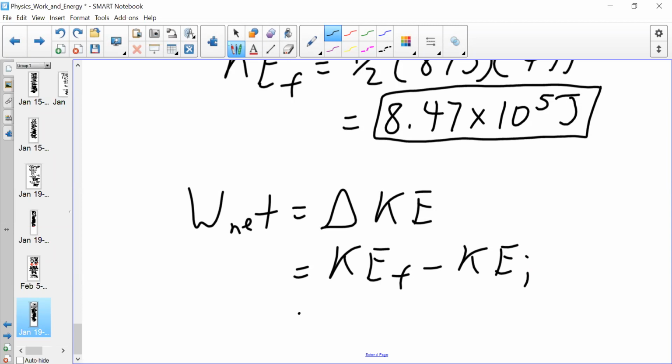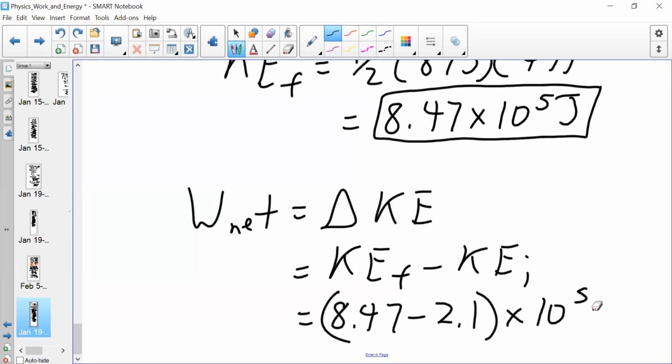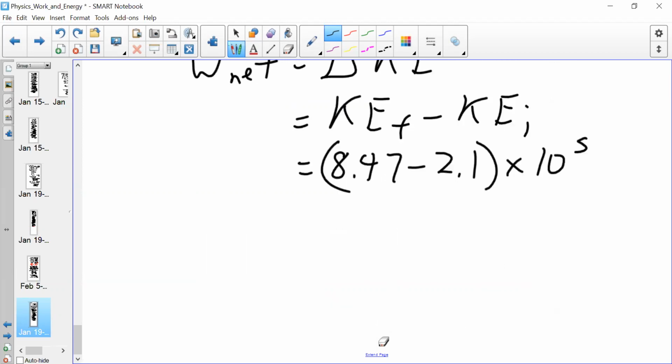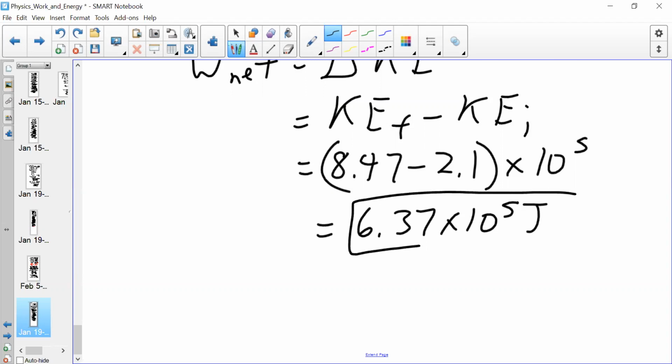So 8.47 minus 2.1, and I have the understood 10 to the fifth as a common exponent, and it's going to be 6.37 times 10 to the fifth power joules. That's the work required to be done on the car to increase its speed.